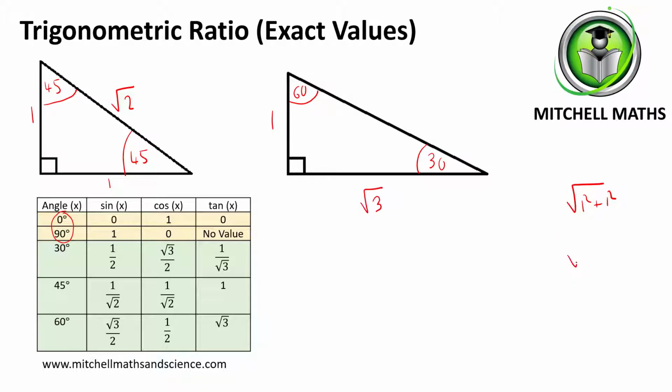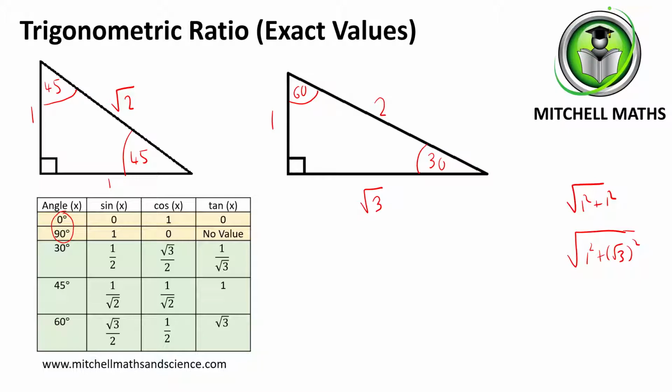The hypotenuse is 1 squared plus root 3 squared. Well, root 3 squared will be 3, so it'll be 1 plus 3, which is the square root of 4. The square root of 4 is 2. So the hypotenuse in this triangle is 2. And if we can draw these two triangles, we can work out any of the values for 30, 45 and 60 degrees which we want.